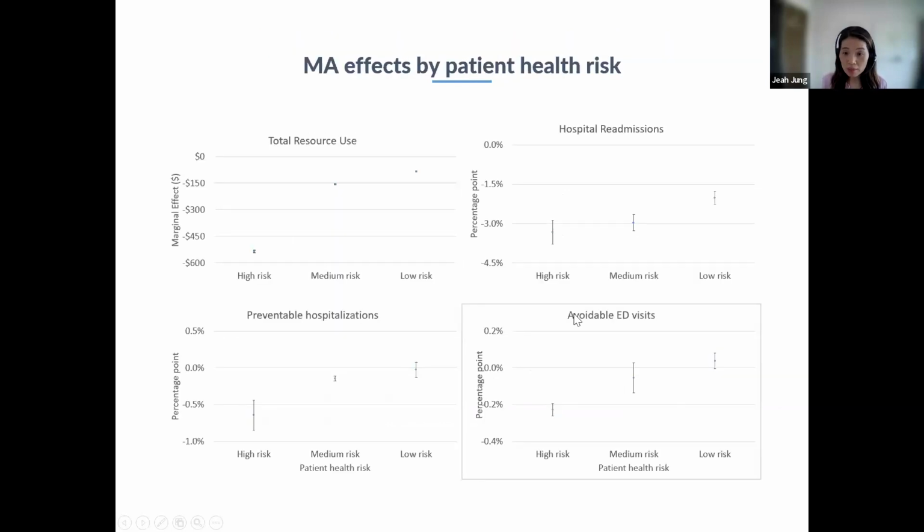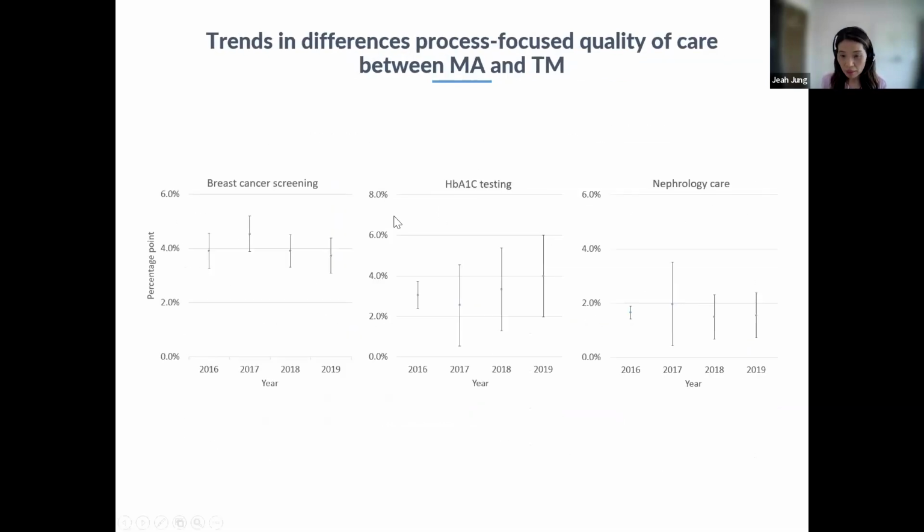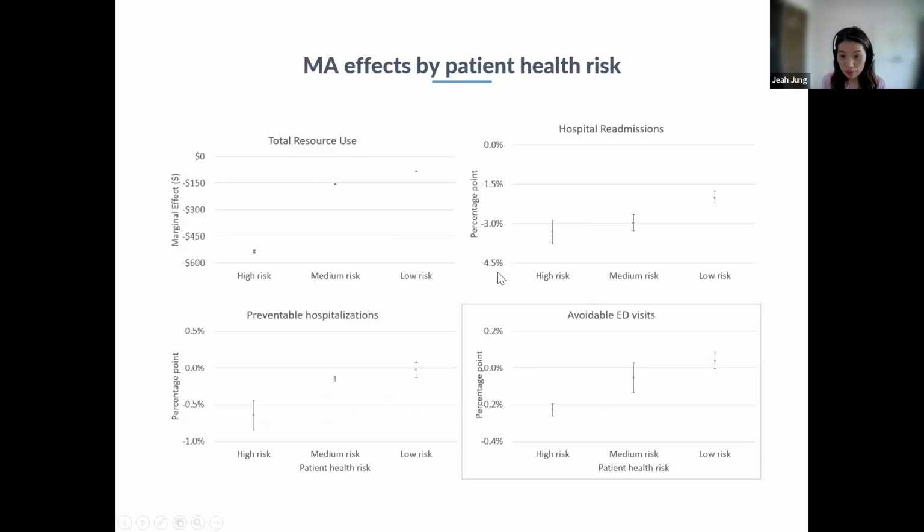Now, the next study we did was by patient health risk. The reason we did this is that people tend to think that MA plans want to enroll healthier patients in order to save money or have more profits. That's the conventional wisdom. However, if you think about it, low-risk or healthy beneficiaries spend little.